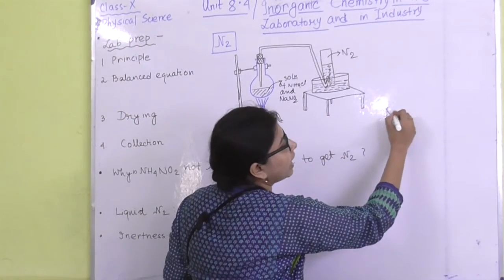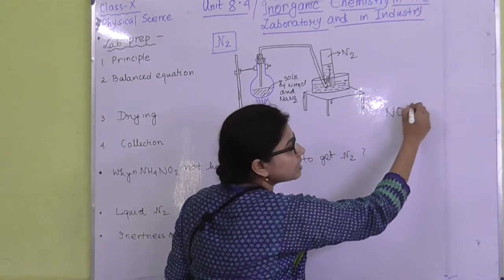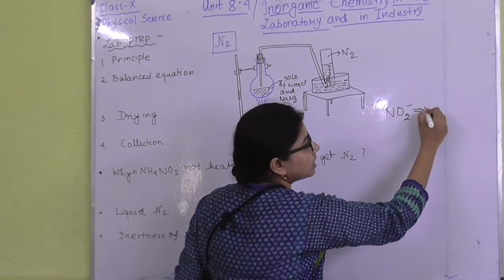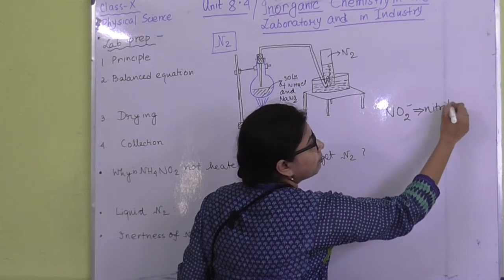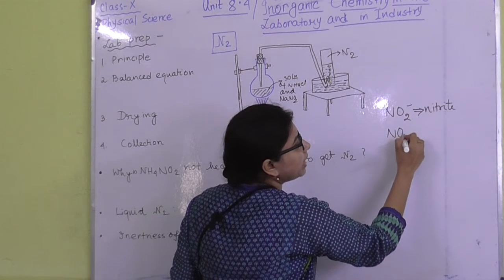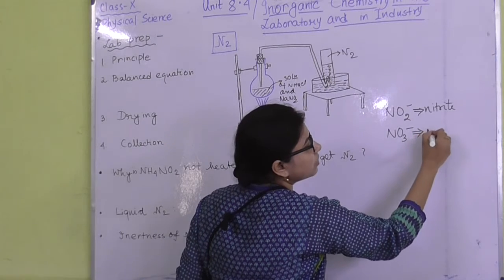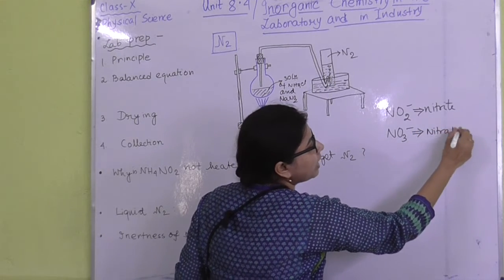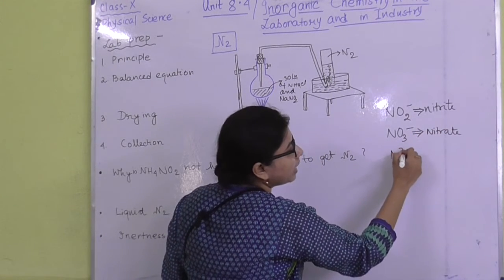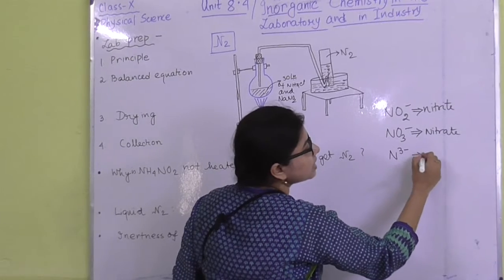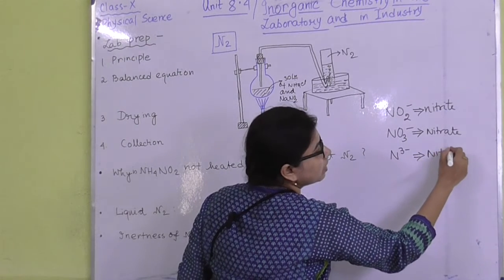Number one is NO2 minus, which is nitrite. Number two, NO3 minus, which is nitrate. And number three is N3 minus, which is nitride.